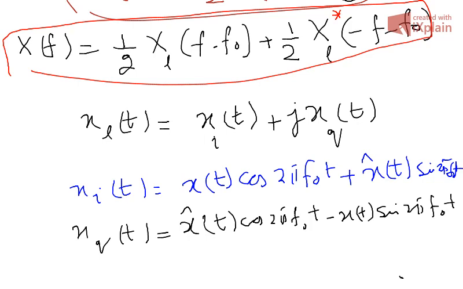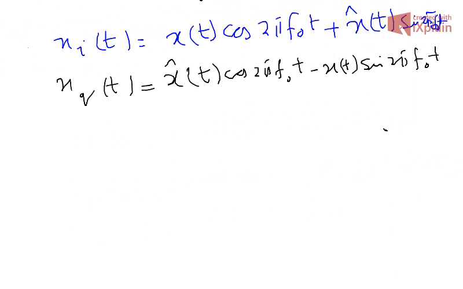So with a little bit of mathematics, you can show that your x of t can be rewritten in terms of the real and the imaginary components.